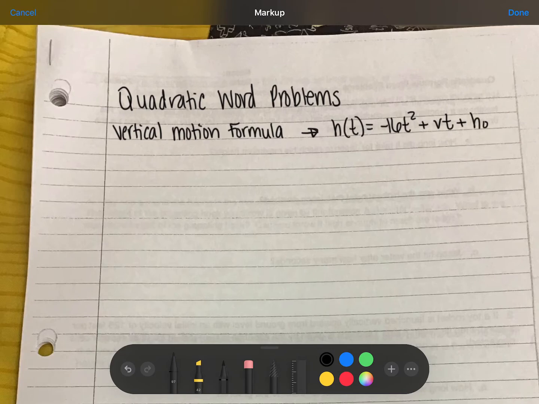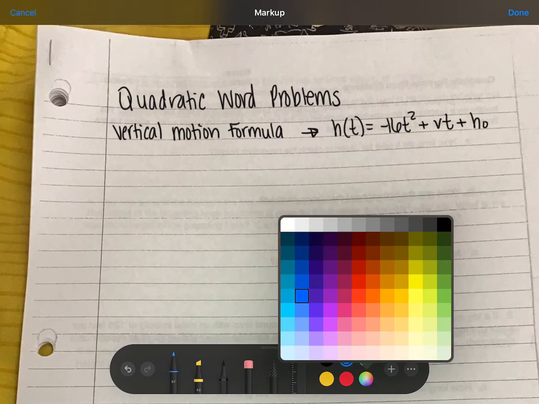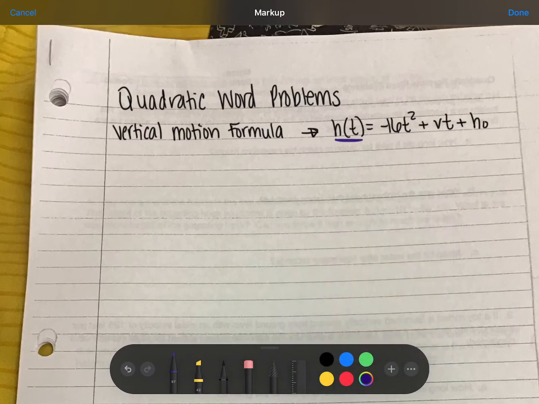So there's a bunch of variables in here, and we can actually determine what these variables are supposed to be. And so the h of t, this h of t is the height of an object at any given time.